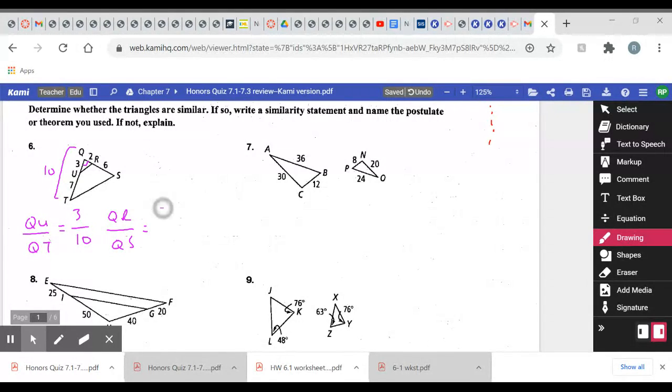So QR is 2 and QS is 8. And that reduces down to 1/4. But 3/10 and 1/4 are not equivalent ratios. So the answer is no. Determine whether the triangle is similar: not similar. It says if not, explain, and I'll say because scale factors are different.